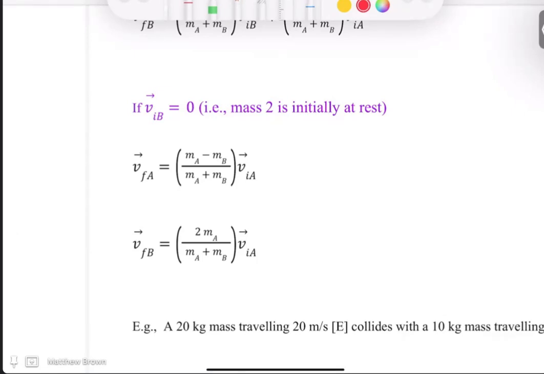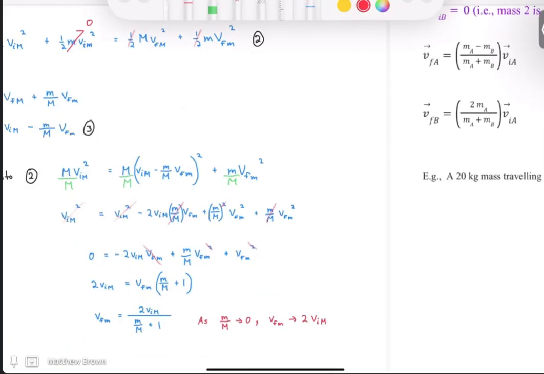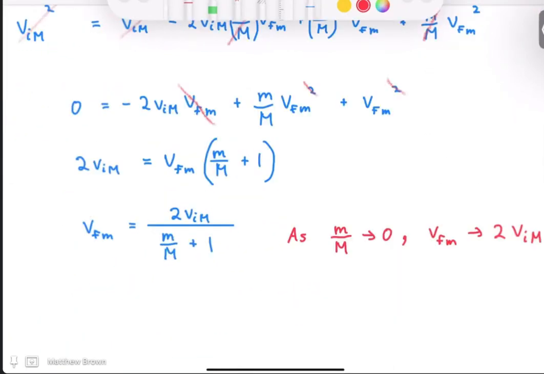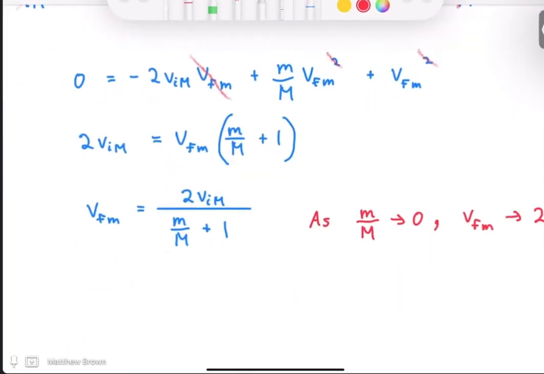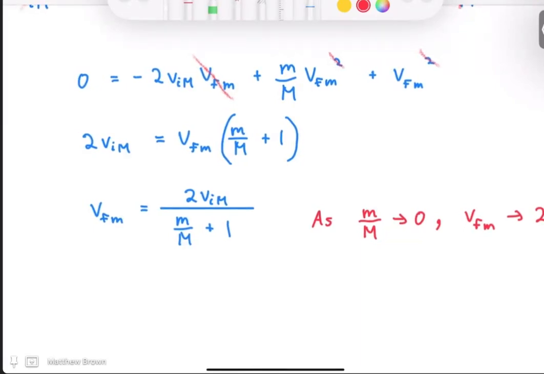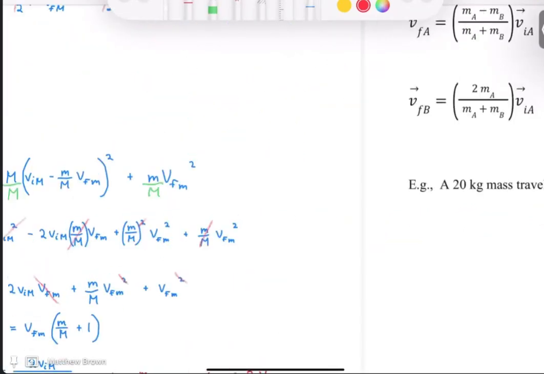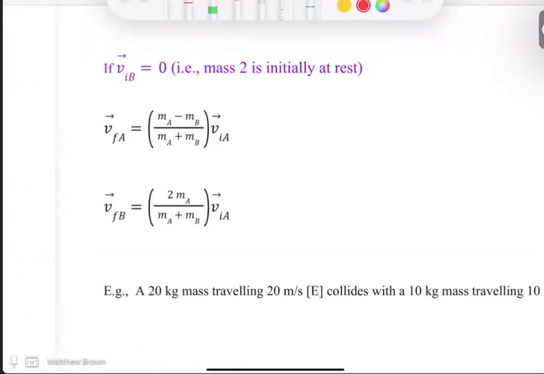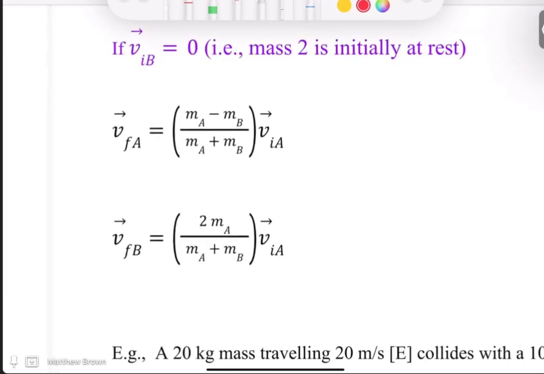Basically, all I did was use big M and little m here, but like I said, you could multiply through by big M, and you'd have a big M on the top, and that is essentially what is written here for V final of B if mass 2 is at rest. And if you wanted to, you could just look at this equation here.